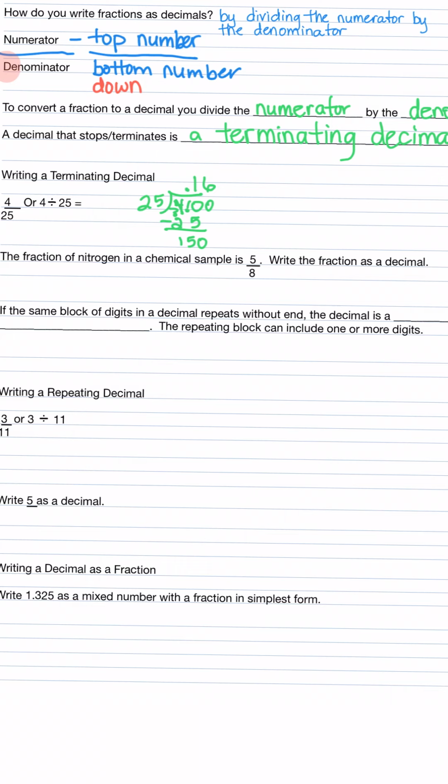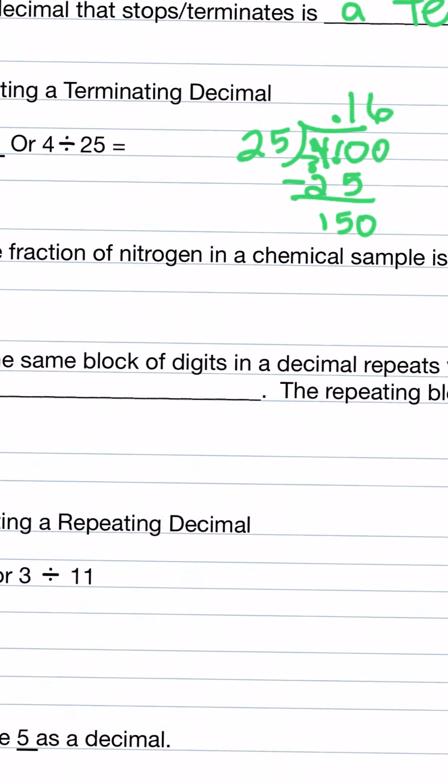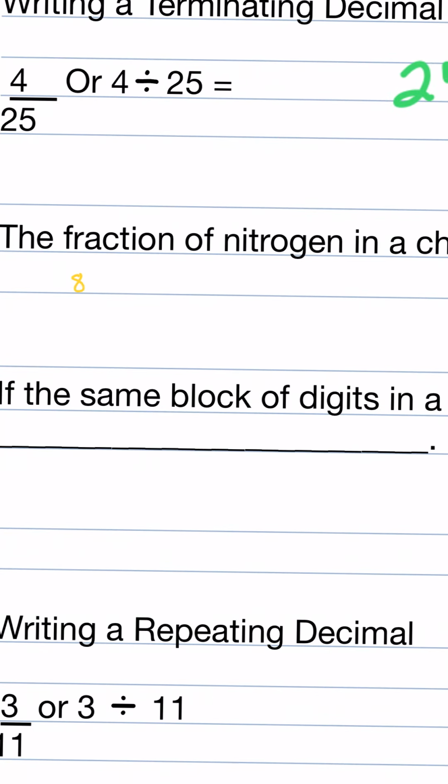The fraction of nitrogen in a chemical sample is 5/8. Write the fraction as a decimal. So we want to see how many times 8 can be divided into 5. Try to zoom right here. 8 divided into 5. Add a 0. Decimal point here. 8 goes into 50 6 times. 6 times 8 is 48. Subtract. Going to equal 2. Bring down another 0. 8 goes into 20 3 times?